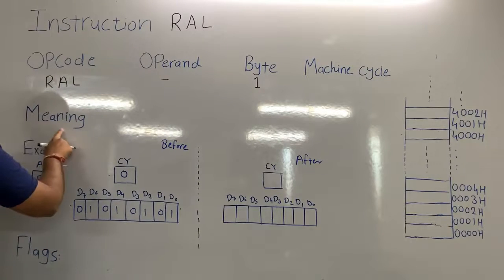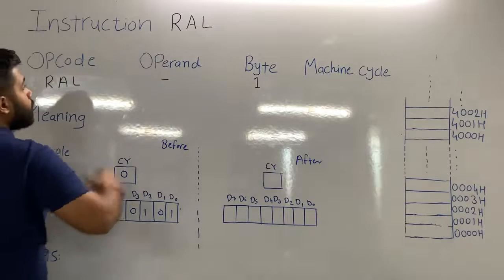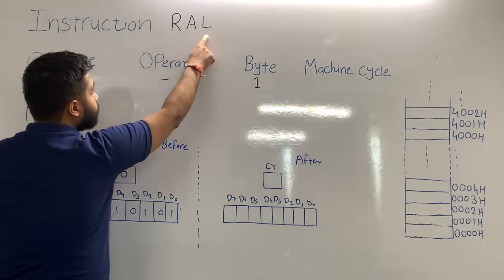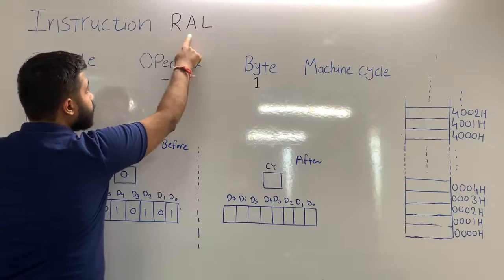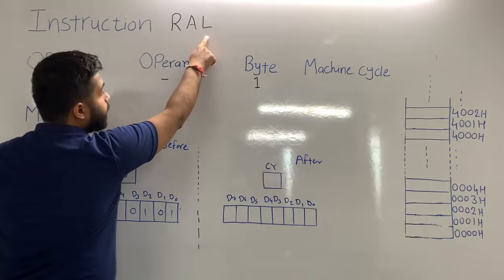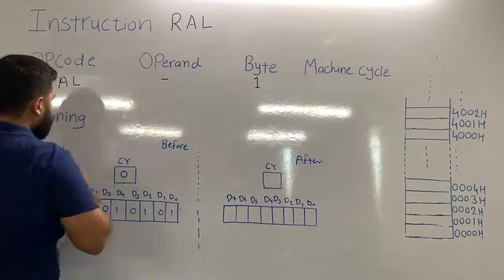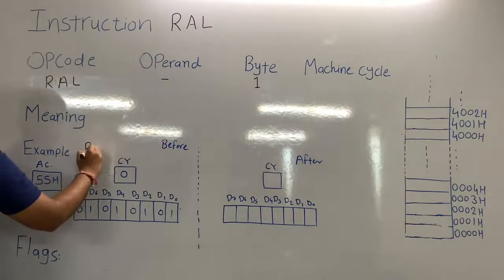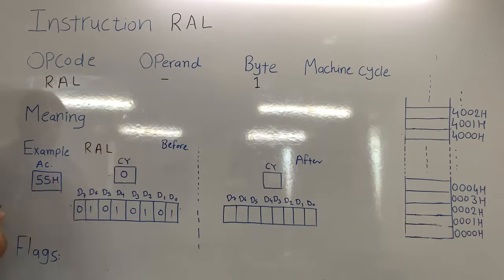Before that, let's see the meaning of this instruction. RAL means rotate accumulator left with carry. So let's see with one example. Suppose the example of this instruction is RAL itself.